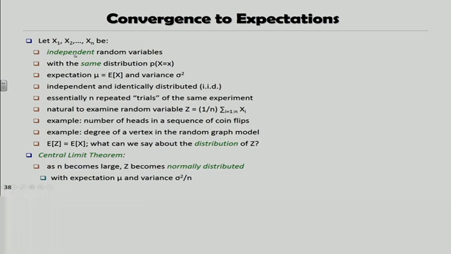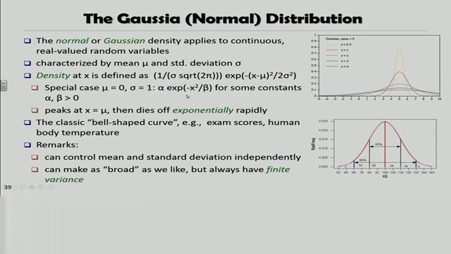Simply says, if you assume those variables are independent, you may have expectation mu and variance sigma square. I think those are the general ones. And once the graph or data become really big, they will usually be normally distributed. So this is the central limit theorem.